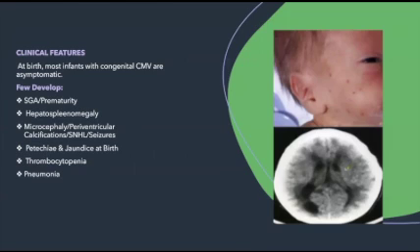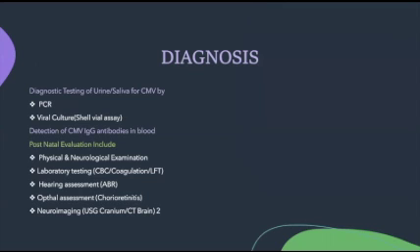Clinical features at birth: most infants are asymptomatic. There may be prematurity, hepatosplenomegaly, microcephaly, jaundice at birth, thrombocytopenia, and pneumonia in newborns.